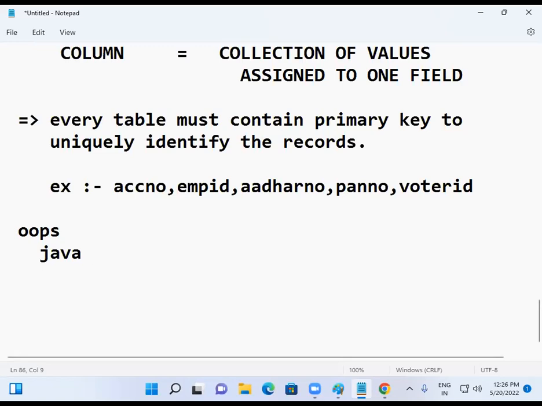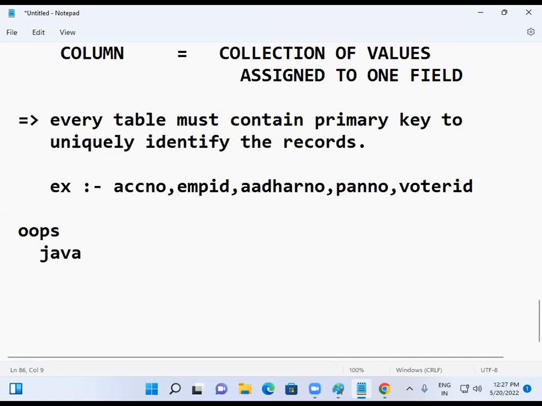OOPS is a theoretical concept. Java is the language that implemented the features of OOPS. One is a theoretical concept; the other is a software, a programming language that implemented the features of OOPS.